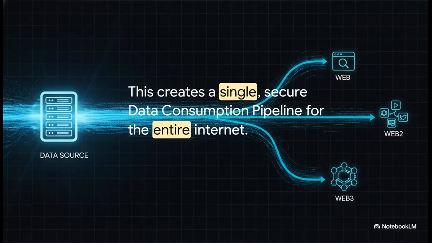So, here's the main takeaway from this part. SDTP isn't just about sending a message from point A to point B. It's actually creating a single, secure pipeline that can feed the entire internet. It connects all these different web versions, making your data valuable and useful everywhere, without ever sacrificing that security we established right at the start.